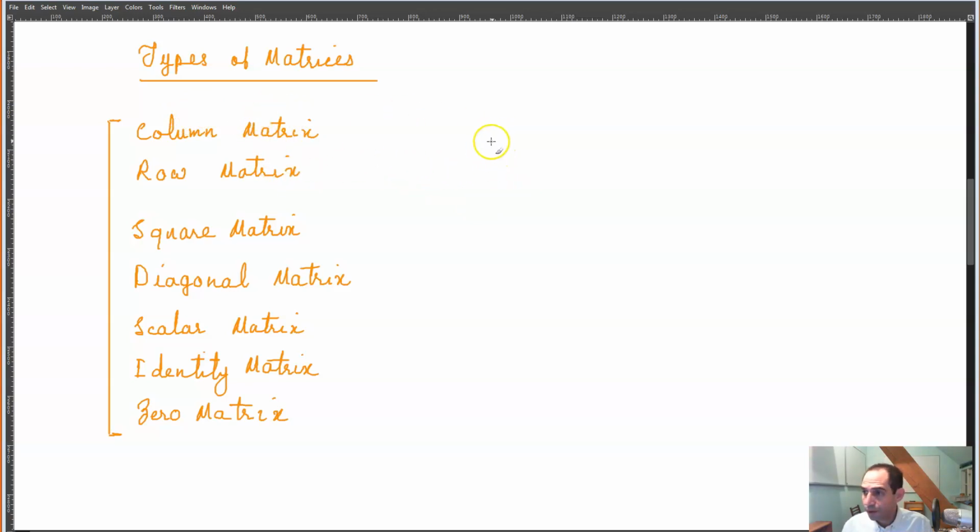For example, if A is equal to 0, square root of 3, negative 1, and 1/2, this is a column matrix. You can see that you have one column and 4 rows. This is a 4 by 1 matrix, and since you have one column, it's called a column matrix, right?